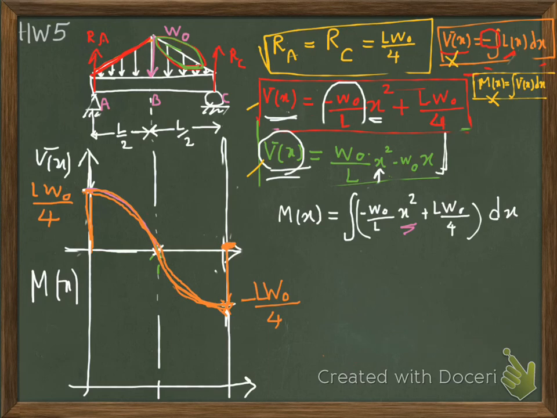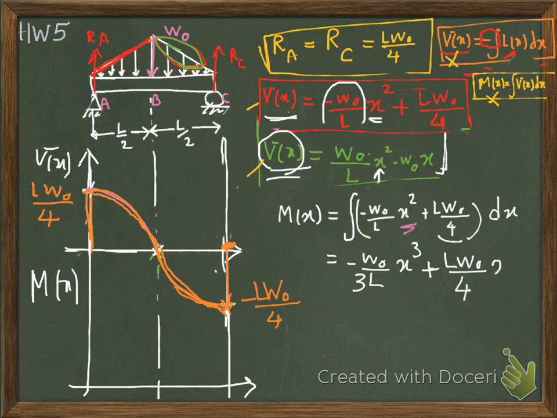That said, this turns out to be minus w naught over L, x cubed, don't forget the 3 down here, plus this one is a constant number. Every time I'm doing this, I go back here and check, was there a sign? To make sure I'm not making any mistake in my integration.